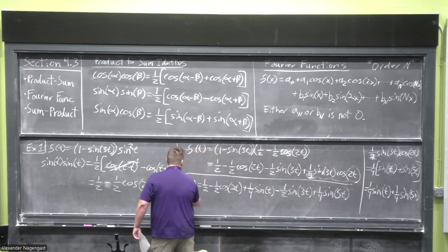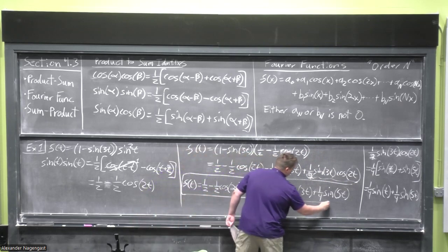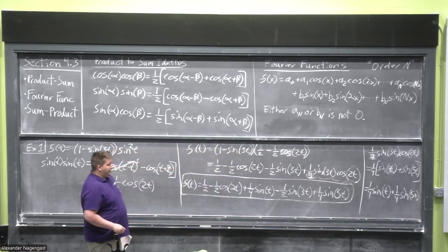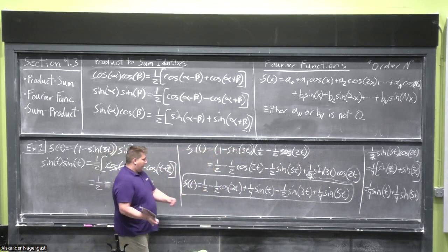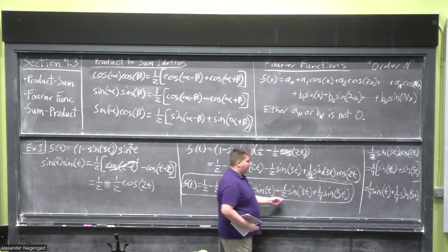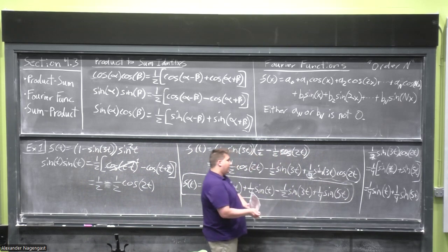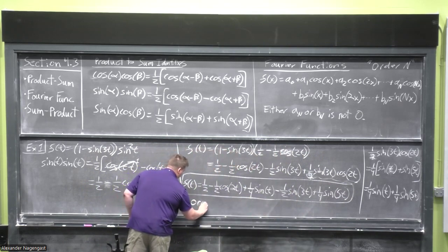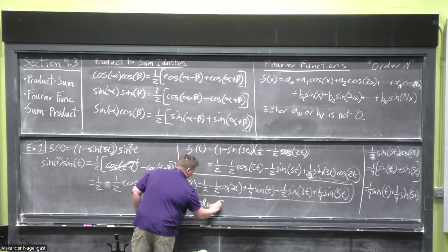And this is my Fourier function. I look at my highest value of cosine, it's 2. I look at my highest value of sine, it's a 5. And I know that this is a Fourier function of order 5.